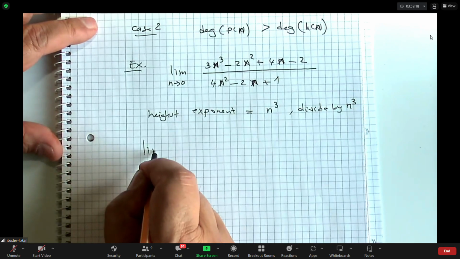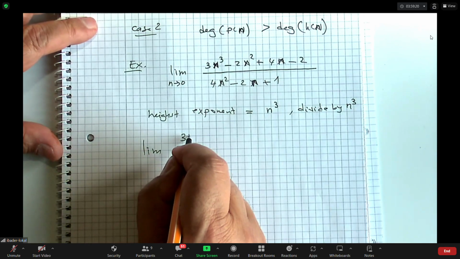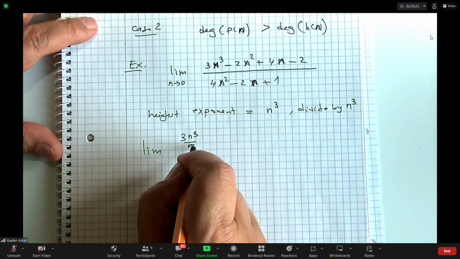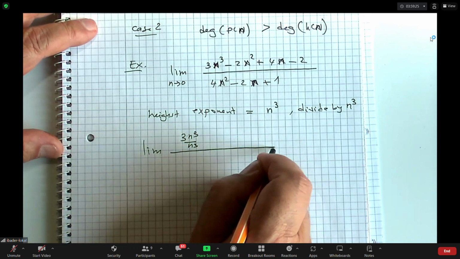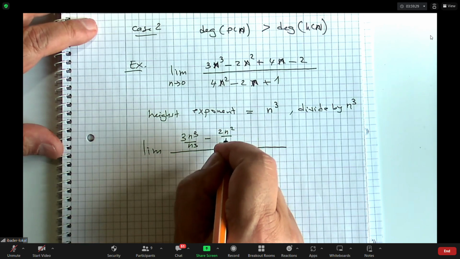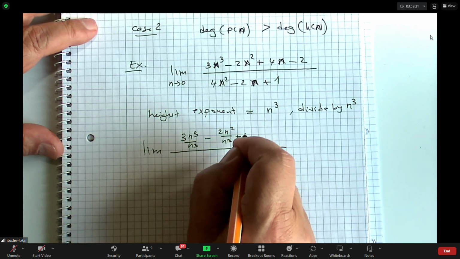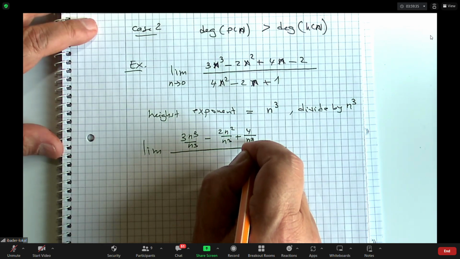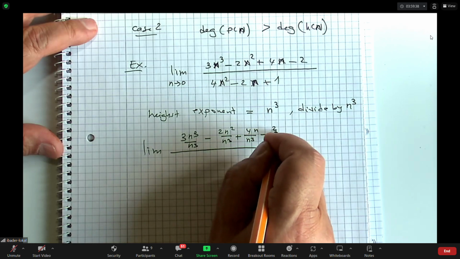So this will become the limit of 3n cubed over n cubed, then you have here 2n squared over n cubed plus 4n over n cubed minus 2 over n cubed.